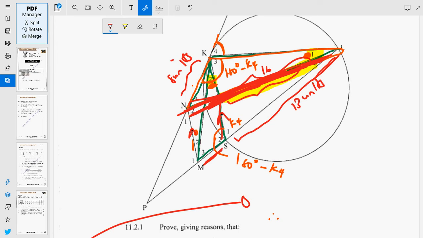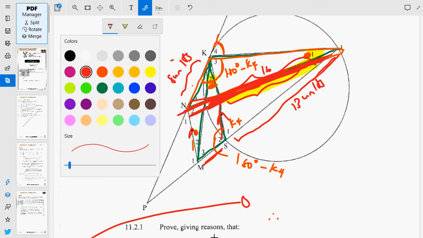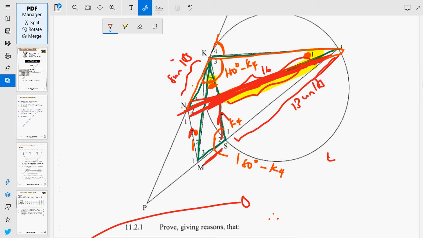So what is screaming at me here is the proportion theorem. What it states is that LN over LT, by the way, T is here, I see I've messed up this drawing, is equal to LM over LS by proportionality.